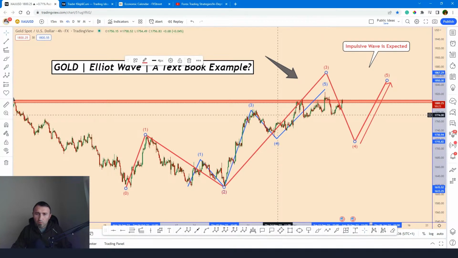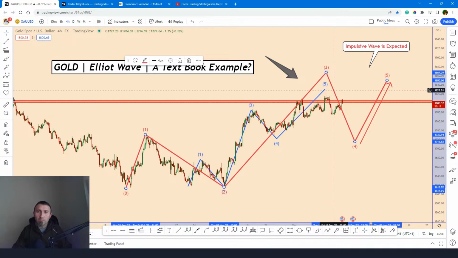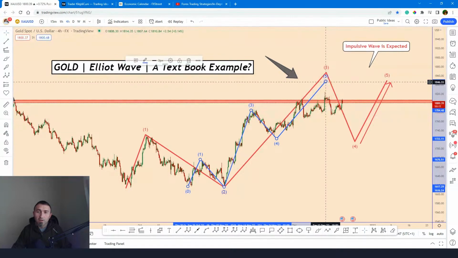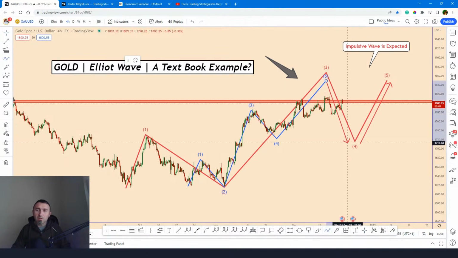What we can look at right now is that for the third wave of a bigger time frame, we have the probability for the fifth wave completion. It means that the chances are very high that on the fifth wave of the third wave, price can begin the correction and move lower.